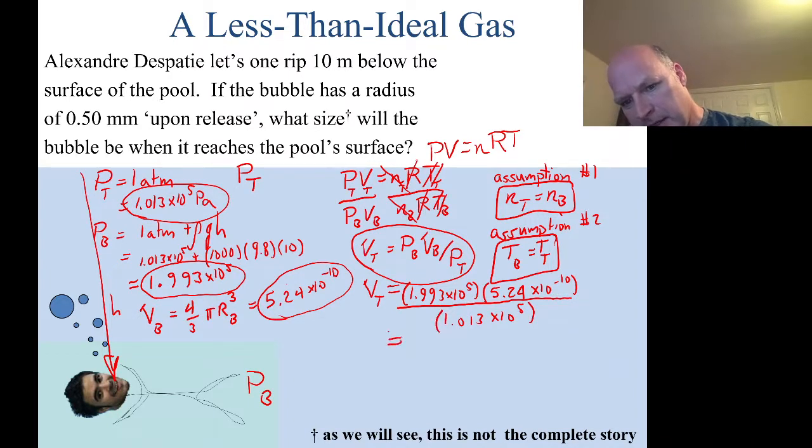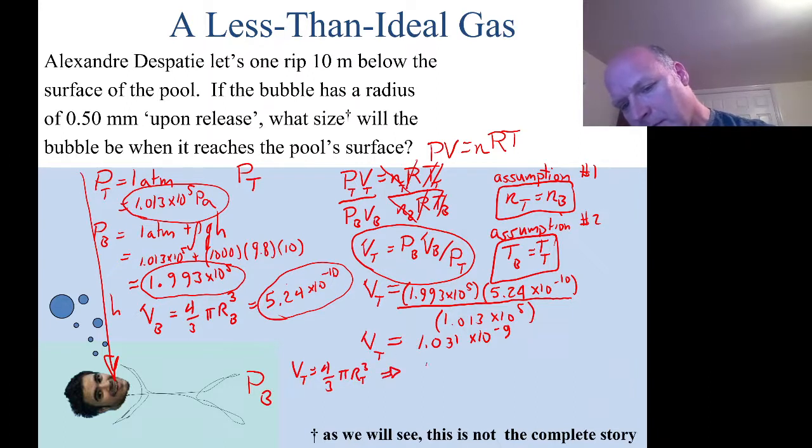I plug that into my calculator. I get 1.031 times 10 to the minus 9. But they asked for the radius, so we have to use the fact that volume top is equal to 4/3 pi r top cubed.